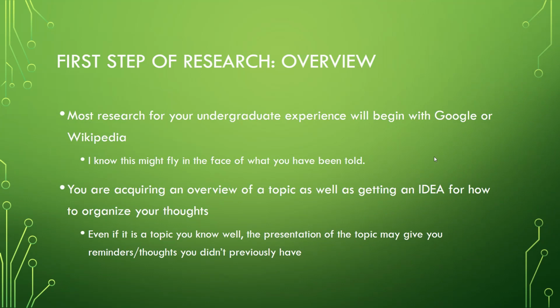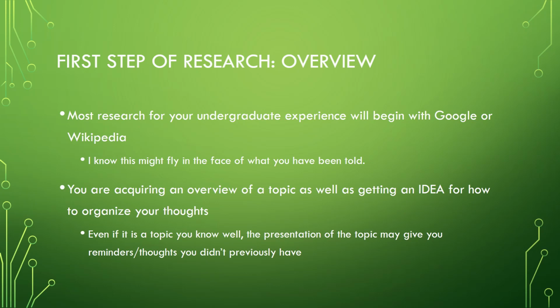So when I know nothing about the topic that I am looking at, honestly, I'll start with Wikipedia. And I know that you've probably been told don't do that. Wikipedia is a good place to start for organizing your thoughts and for sort of getting a lay of the land. Never cite Wikipedia. That's really what you should have been taught.